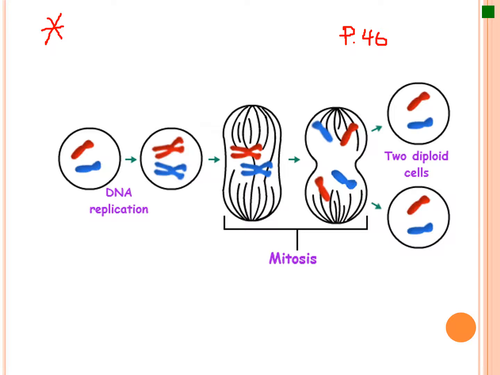It shows mitosis, which is what happens in asexual reproduction, and it shows a diagram of meiosis, which happens in sexual reproduction. Anyway, let's talk a little bit about mitosis here. Again, it happens in the body cells of organisms, and its end product is going to have the same number of chromosomes as the parent cells.